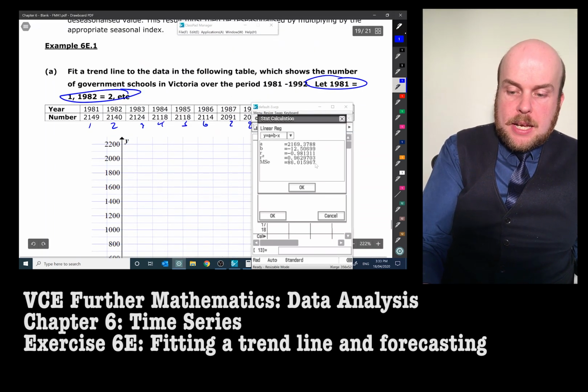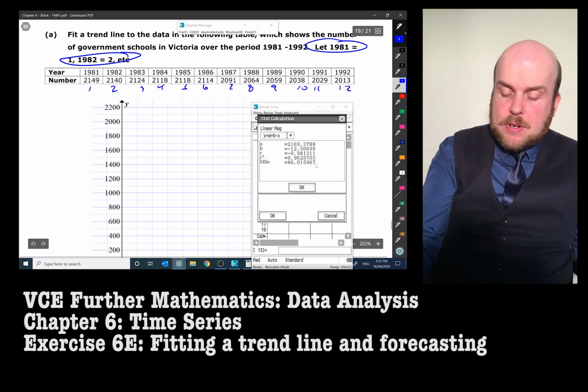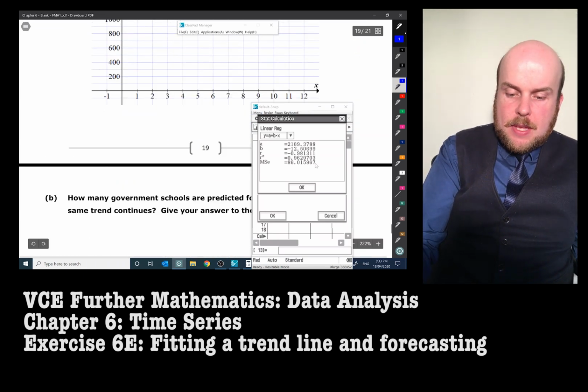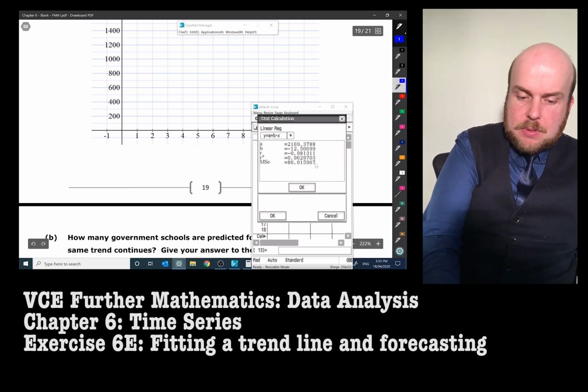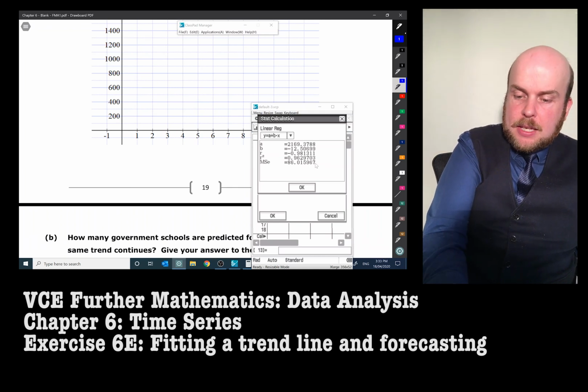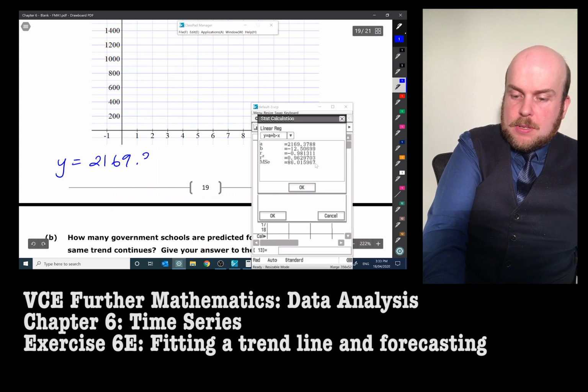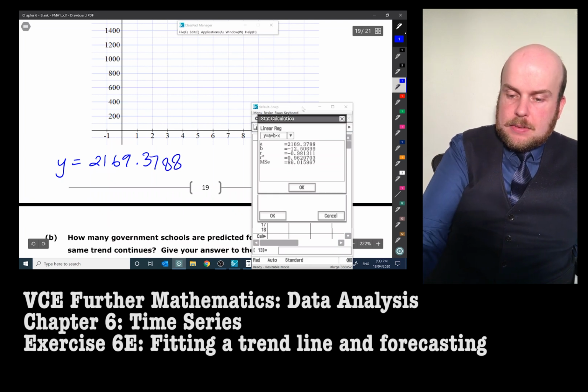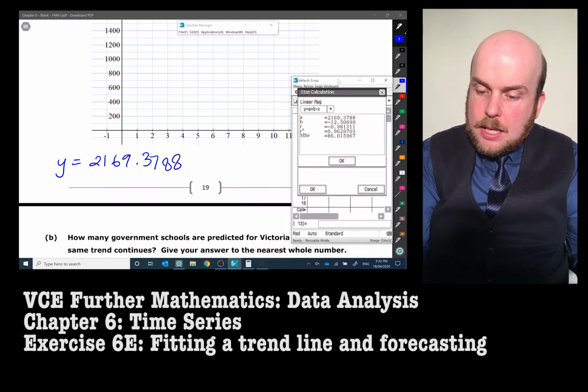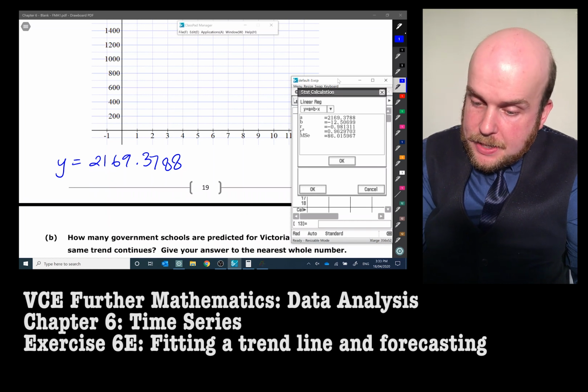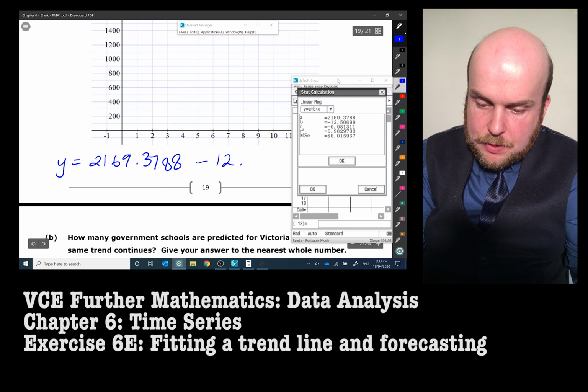So we need to fit a trend line. And we better get this actual equation up, because we probably will need this for part B. So I'm just going to do y is equal to 2169.3788 minus 12.50699.